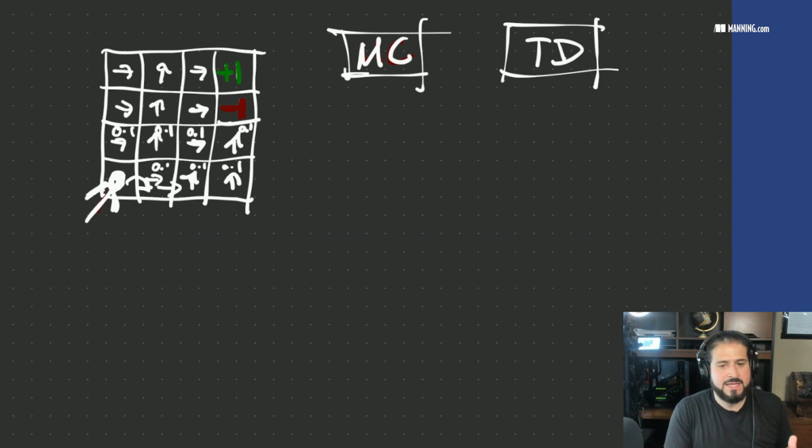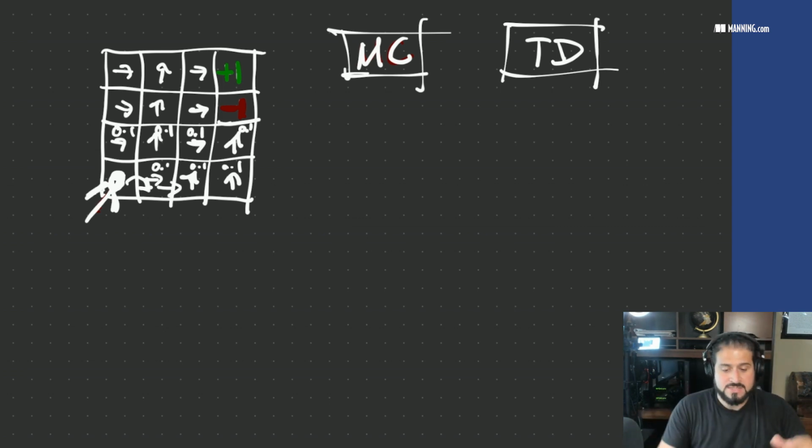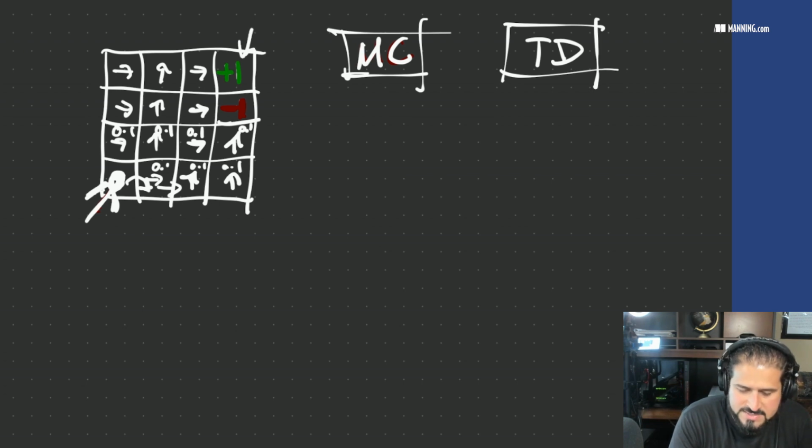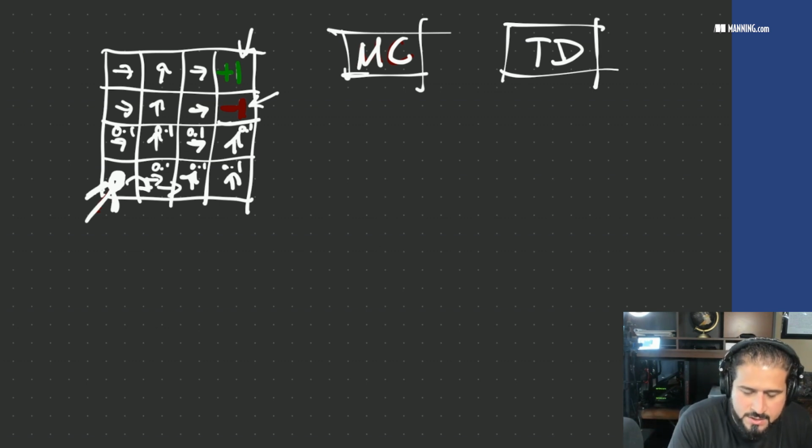And then you can immediately update your policy. You don't have to let the policy run all the way until the agent gets the +1 or -1. Let's say that these are terminal. Let's say that the agent terminates. So the episode ends once it reaches either this one or this one.